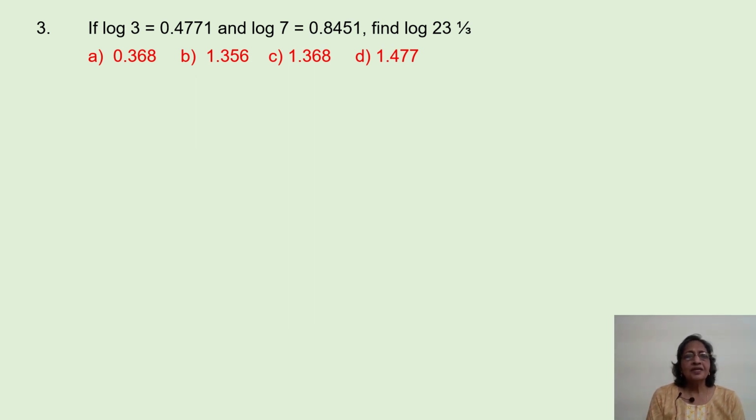Log of 3 is 0.4771. Log of 7 is again given to you. Now you need to find the log of 23 1/3. So again here, we'll be using our properties. Like in the previous sum, we need to convert log of 23 1/3.